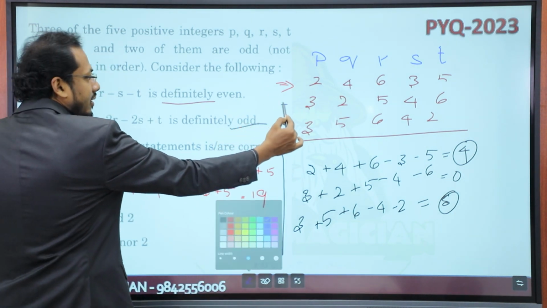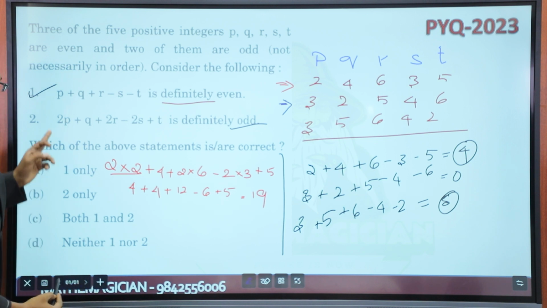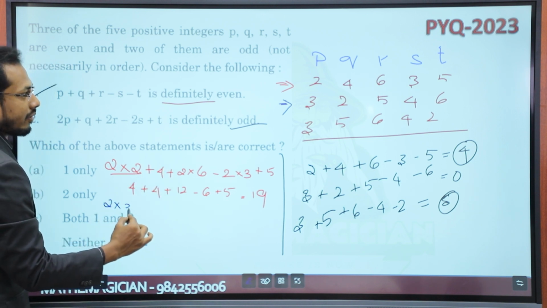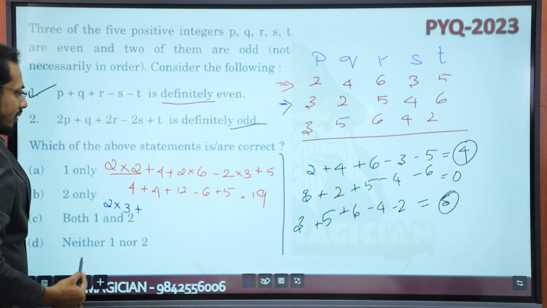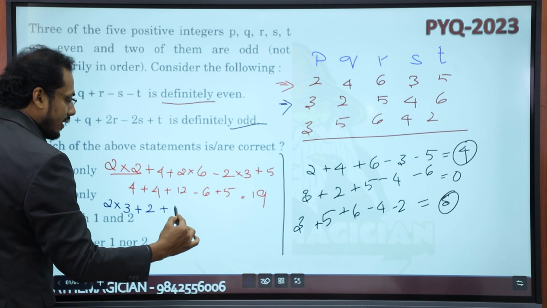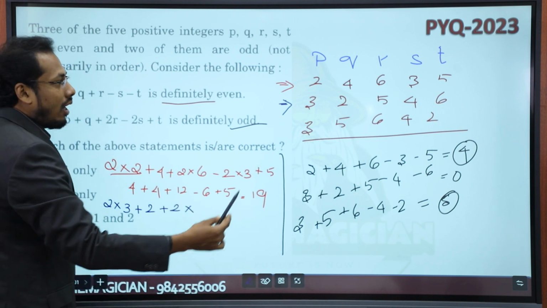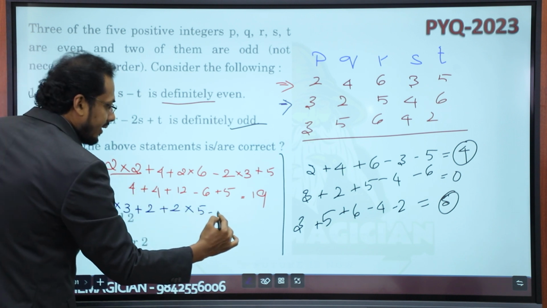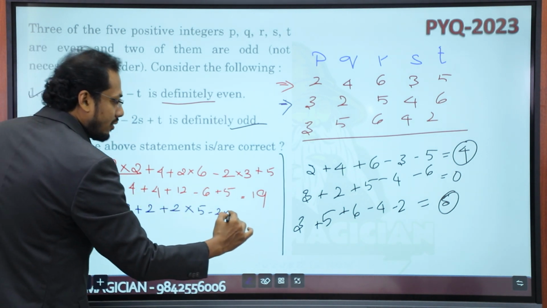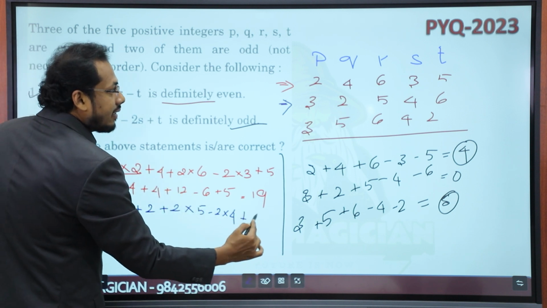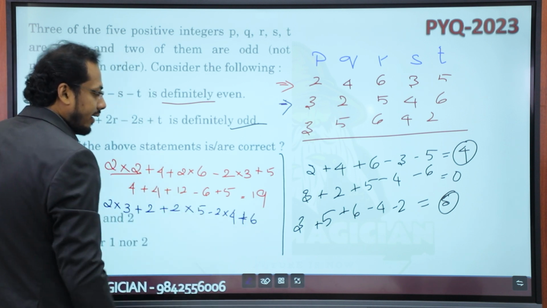Okay, next combination. 2 into p, that means 2 into p is 3, then plus q, q is 2, then plus 2 into r, r is what? 5, minus 2 into s is 4, then plus the last one is 6, right?